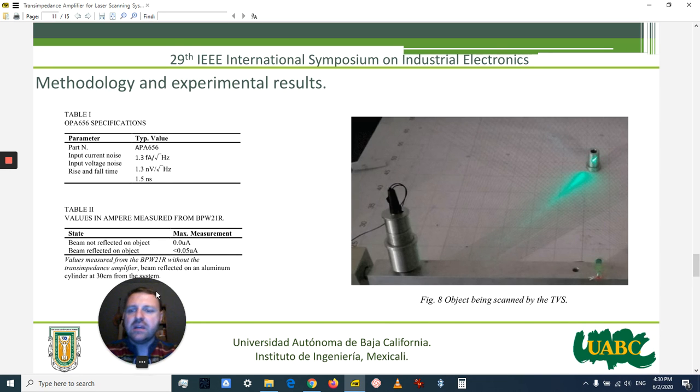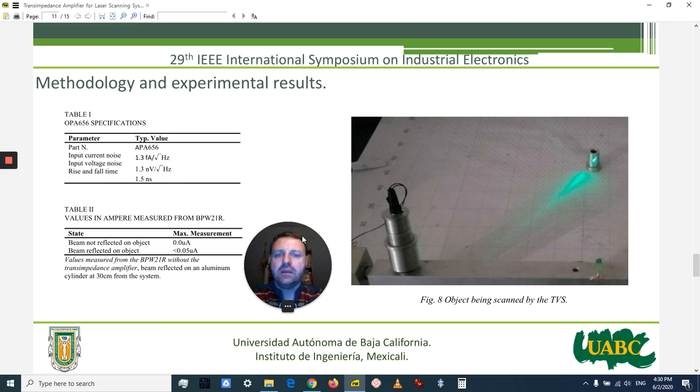So here we can see some measurement results of our experiment. The sensor was inside of the scanning aperture, and the laser beam was positioned on the reflection object. It's a small metallic part, which we used as the experimental object. It got reflected and received by our sensor, and at the beginning we only measured how much current we received without amplifying it.